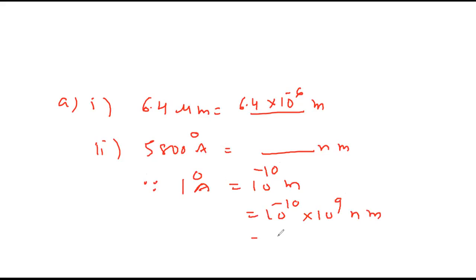So it is actually 10 raised to minus 1 nanometer. 1 Angstrom is 10 raised to minus 1 nanometer. 1 nanometer is 10 Angstrom, if you do the reverse. Please write perfectly. So this will be 5800 into 10 raised to minus 1, which is 580 nano.